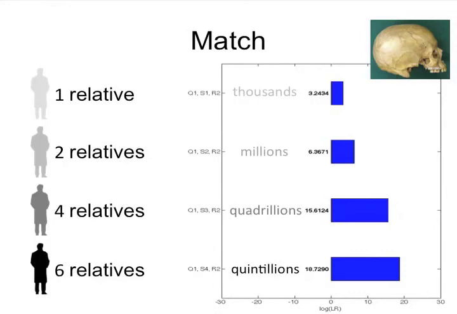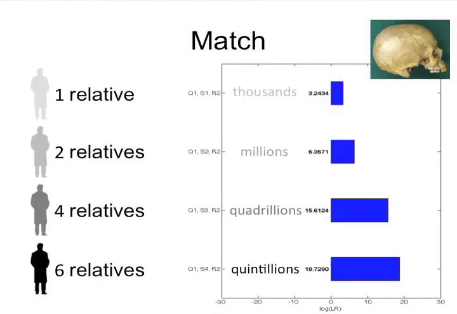If you're using one relative, you have a match that's roughly in the thousands. With 2 relatives, you now have a match that's in the millions. With 4 relatives, your match goes up to the quadrillions, and with 6 relatives, you're now matching in the quintillions, which is essentially a single source match strength.